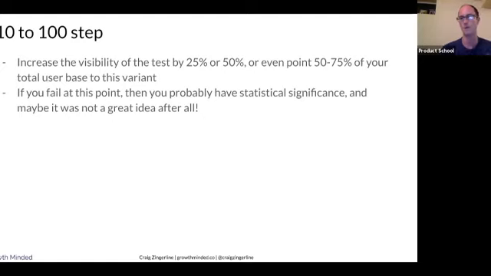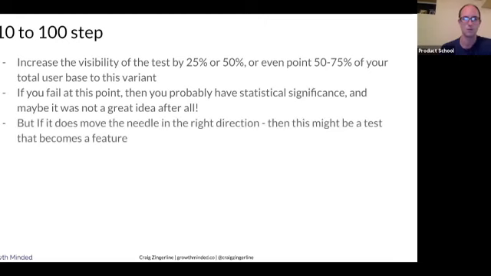And we ended up building that test into a main feature that was the starting point for a whole bunch of stuff we did on the activation side, basically cart abandonment and other techniques to try to get people back to use our product more. So it's at that point where things could become a feature.